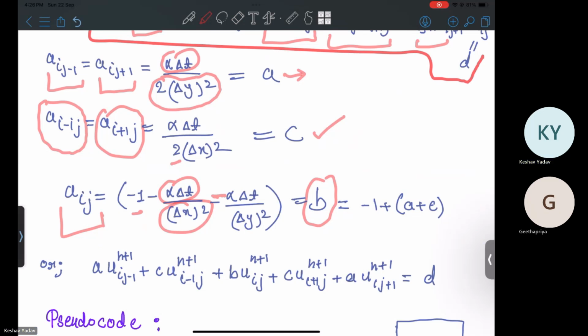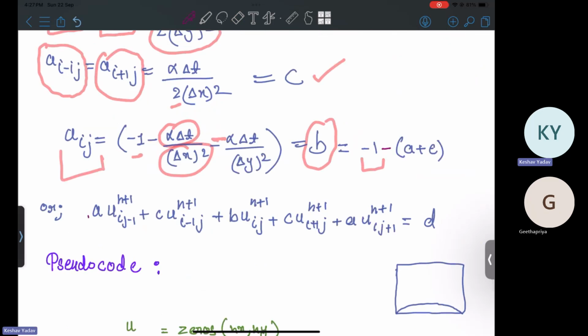Okay, this b will be equal to what? Minus 1, and from here there will be a minus sign, minus a plus c. So b will be equal to minus 1 minus a plus c. So this is the equation that we got here. Clear?